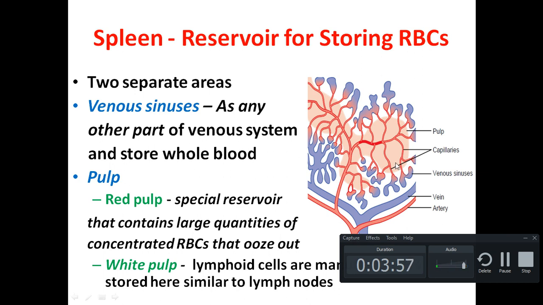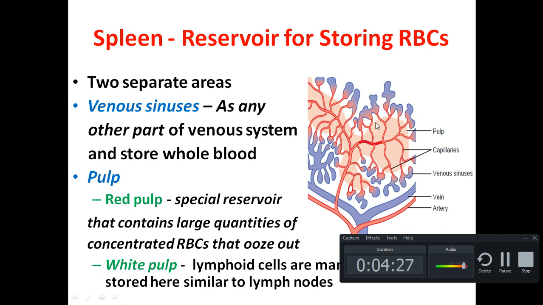Now what happens is that from the splenic capillaries, the RBCs and the plasma will ooze out of the capillaries, and that will be stored in this red pulp area, because here RBCs will remain, whereas the plasma will be absorbed back into the venous sinuses.